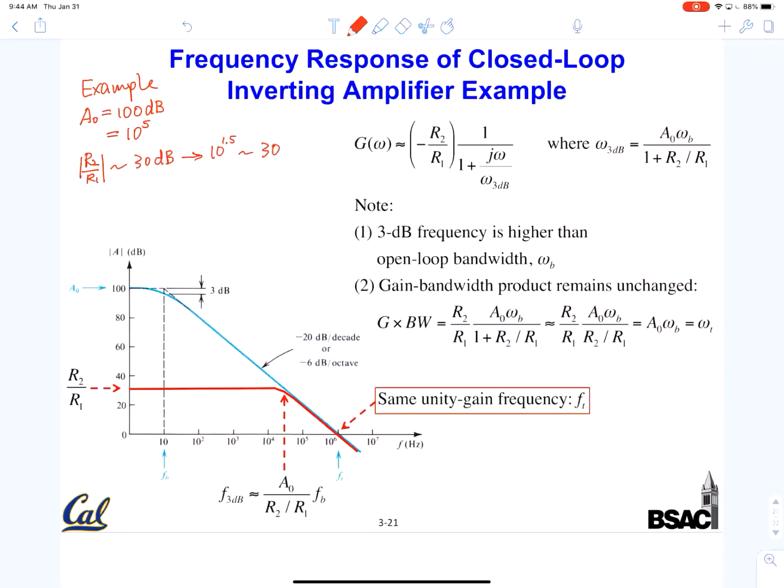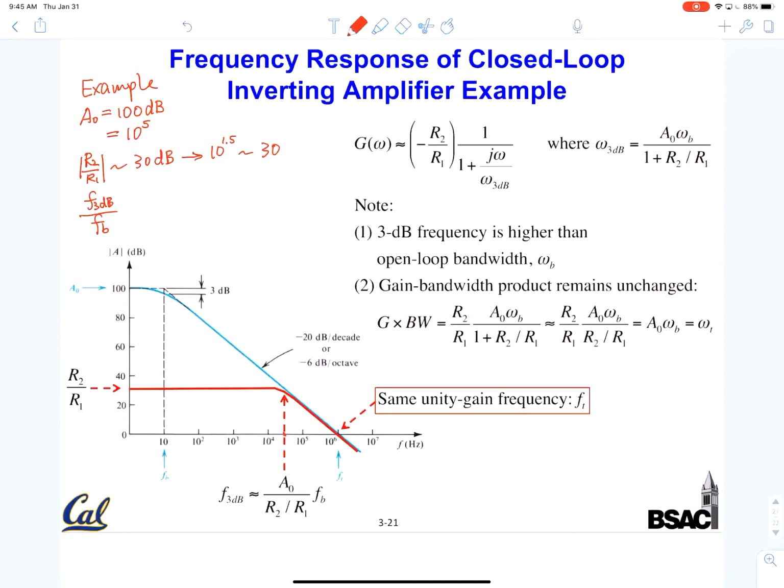So now we have reduced the gain substantially from 100,000 to 30. At the same time, our bandwidth has gone up also substantially from 10 to roughly about this number. So the increase in the 3 dB frequency, the new 3 dB frequency divided by FB. FB is the 3 dB frequency of the open loop gain.